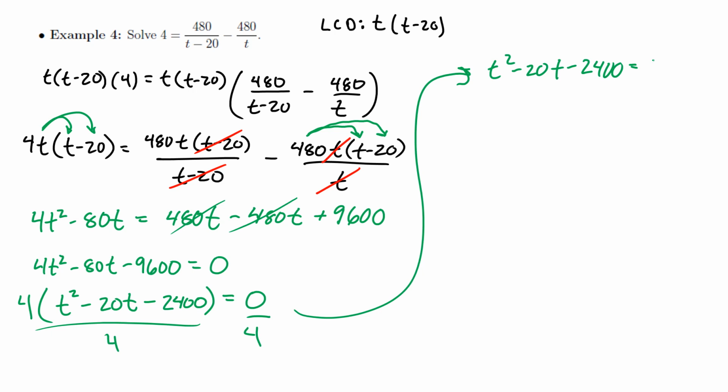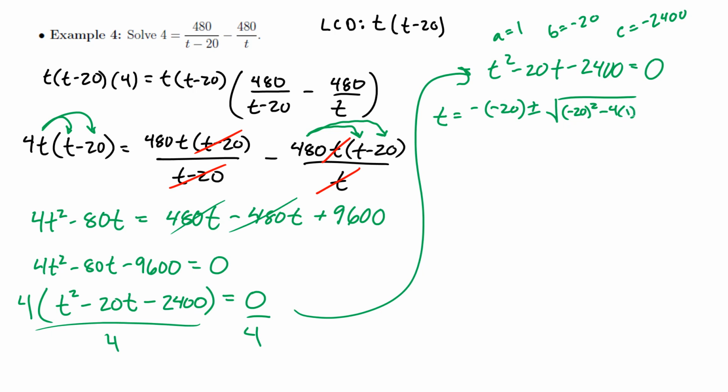Now, this very well may still factor. However, I'm looking at this and thinking, you know what, I might be at it a while if I'm trying to factor this, so I'm going to go ahead and just use the quadratic formula regardless. So I've got it all set up. So t is, right, a equals 1, b equals negative 20, and c equals negative 2,400. So we have the opposite of negative 20 plus or minus the square root of negative 20 squared minus 4 times a times c, all divided by 2a.